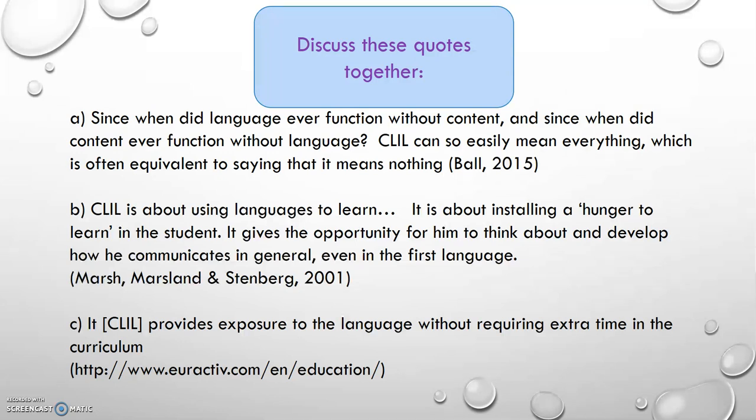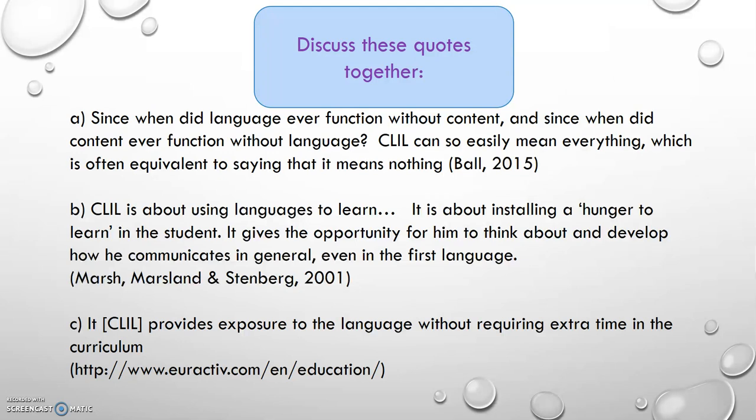So, Ball says CLIL can easily mean anything. But I think it means more than that. CLIL is learning, look at quote B from Marsh, Marsland and Stenberg.